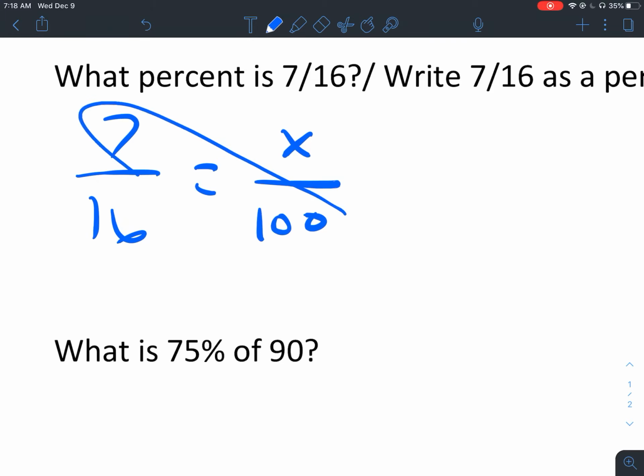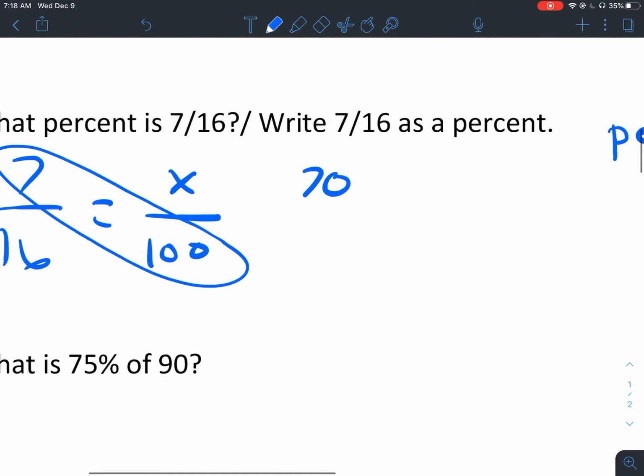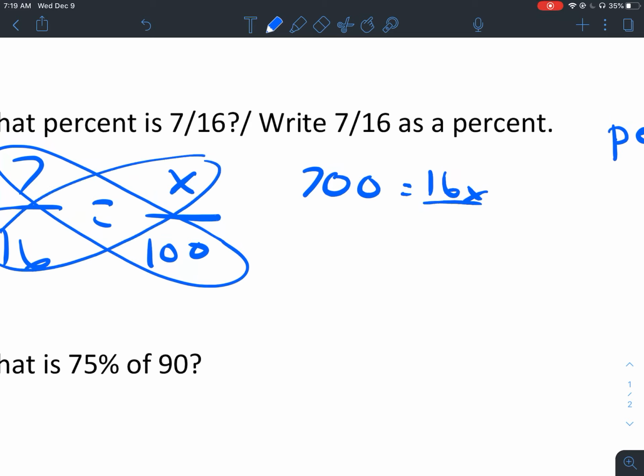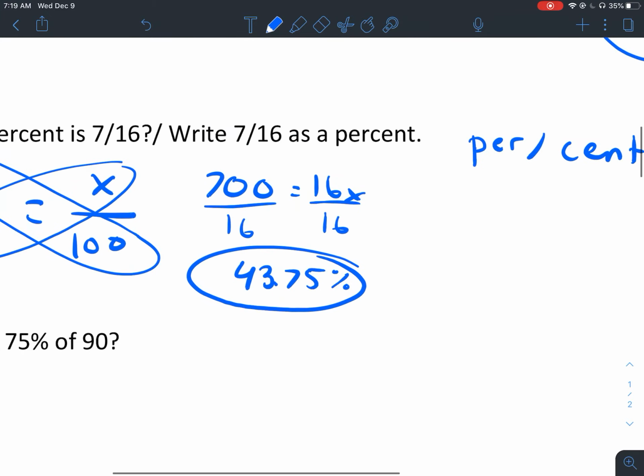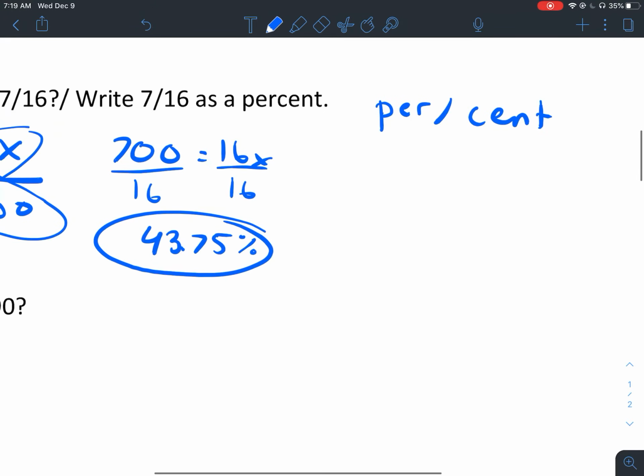So you would cross multiply, so we get 700 equals 16x, and you would divide. 700 divided by 16 gives me 43.75%.